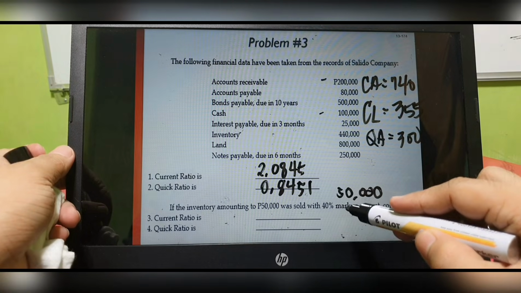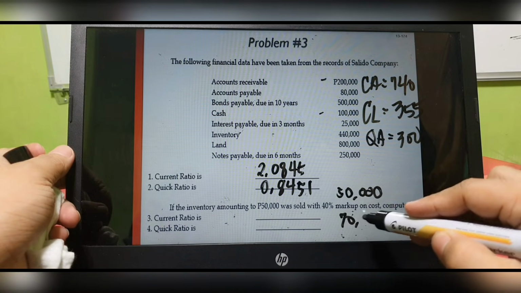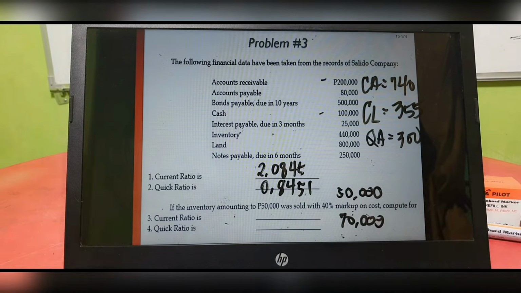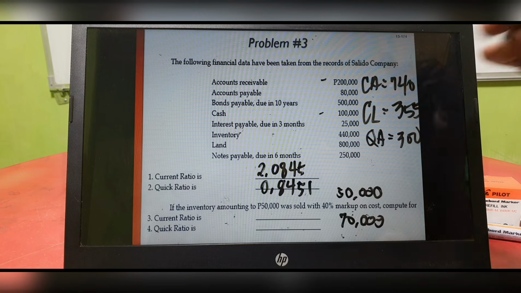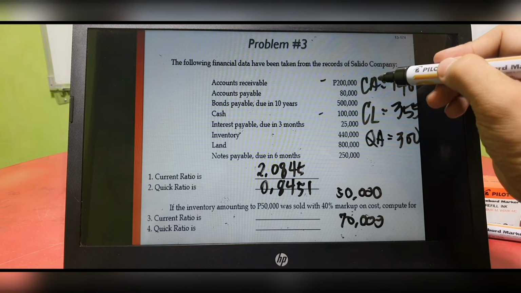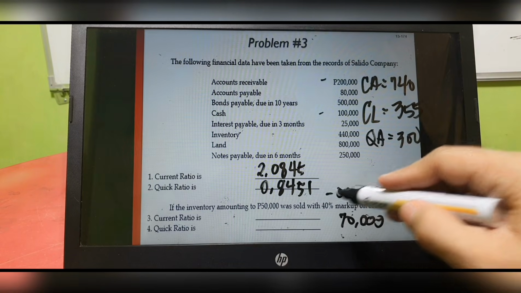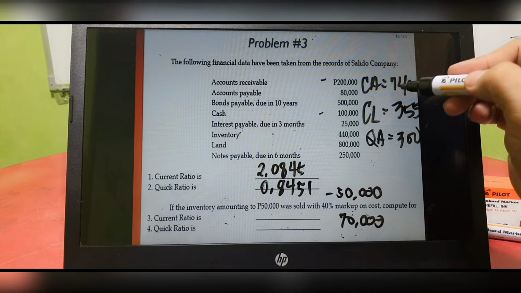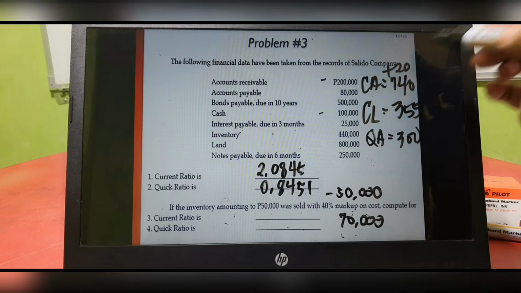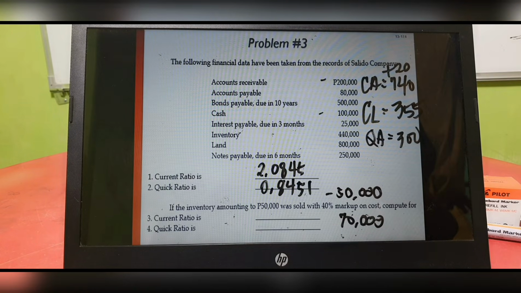May 40% markup on cost, so that would be 70,000. Okay? So, plus cash tayo na 70,000 minus inventory na 50,000. Anong effect sa cash, sa current asset natin? So, affected si cash at saka inventory. So, ang neto natin ay 20,000. So, ibig sabihin, plus 20,000 kay current asset.